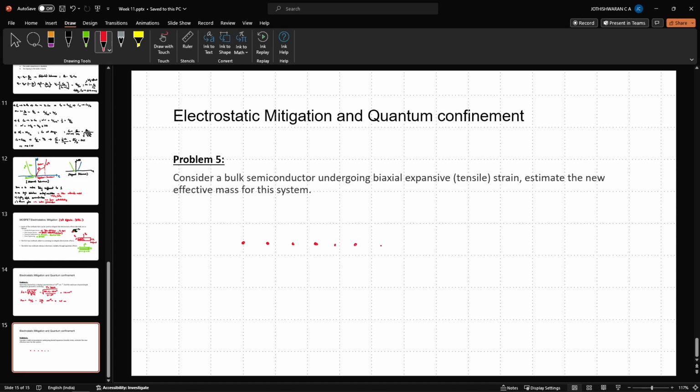Assume that these are all equally spaced. And on top of this, we shall deposit another material with a smaller lattice constant.